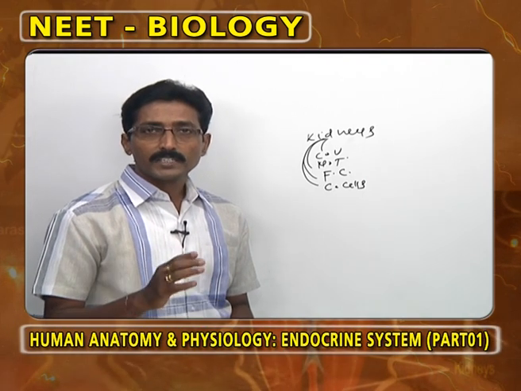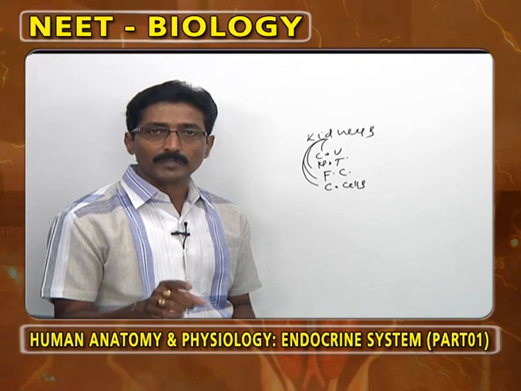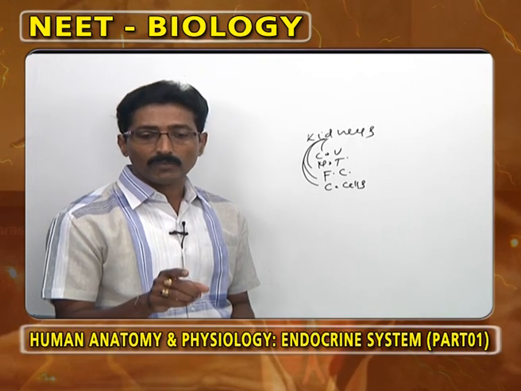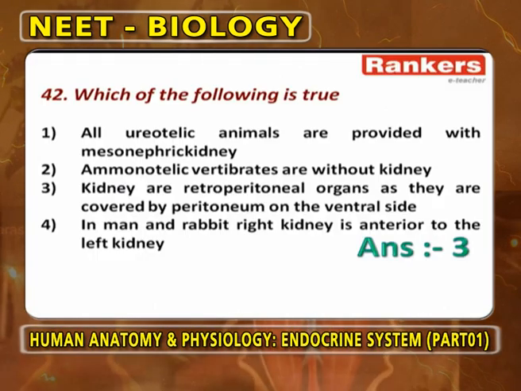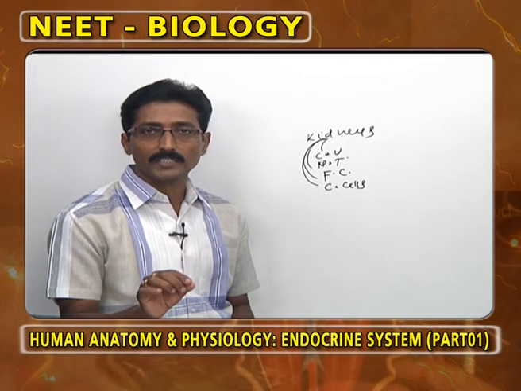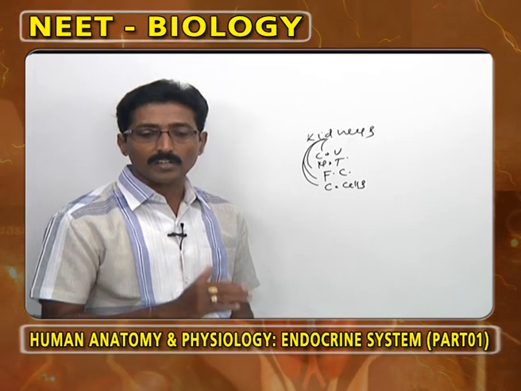Mesonephric kidney. Second example, amphibians. In the amphibian larval stage, what type of kidney is present? The pronephric kidney. Now here, what is the second statement? Ammonotelic vertebrates are without kidneys. Wrong, because in ammonotelic vertebrates, for example fishes, what type of kidneys do they have? Mesonephric. So the second is wrong.